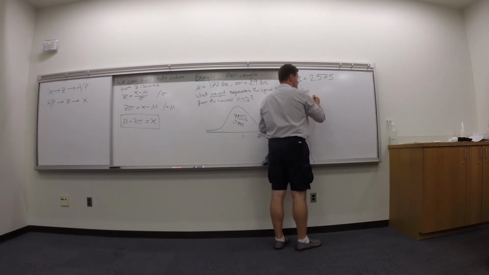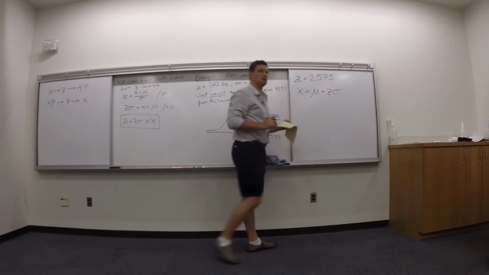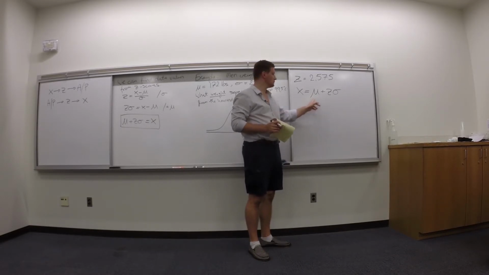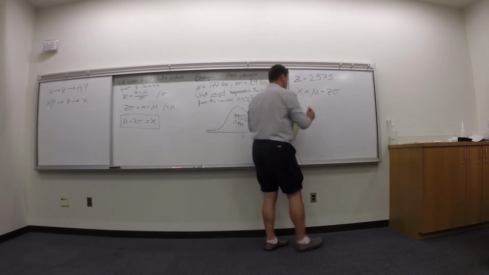So x equals mu plus z-score times sigma. What's mu? What does that stand for? In English, not in mathematics, in English. The average, right?